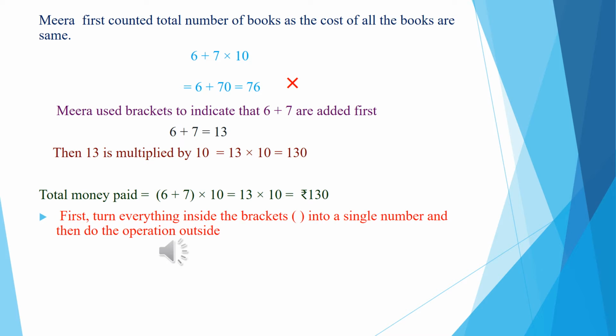That is (6 plus 7) into 10. So first 6 plus 7 is to be added, then it is multiplied by 10. This is the use of brackets, that is, first turn everything inside the brackets into a single number and do the operation outside. Hope you all understood the use of brackets.